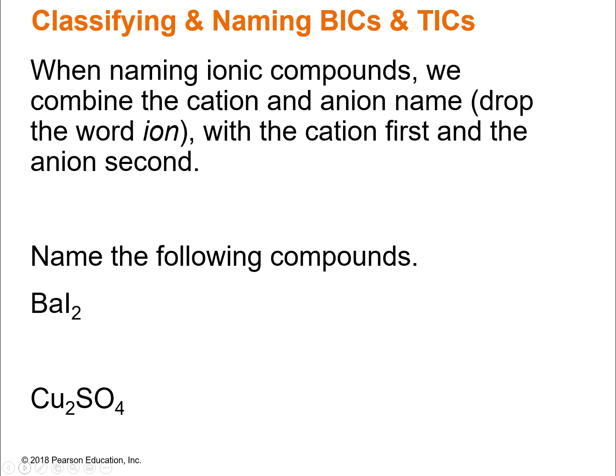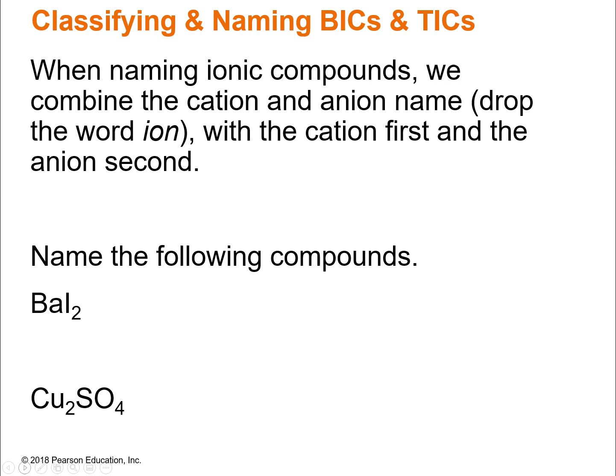You have to classify it and then name it or write the chemical formula, which is what we're also going to do. You'll have a chapter 6 check-in that's very similar to what we're doing at the very end of class to bring it all together. So if you can do the 3 questions at the end of class, that chapter check-in should be a breeze. Let's get started.